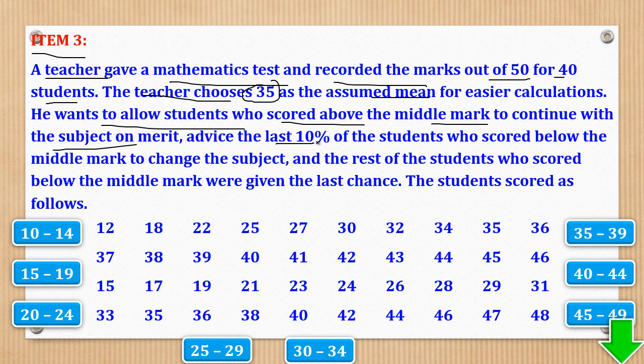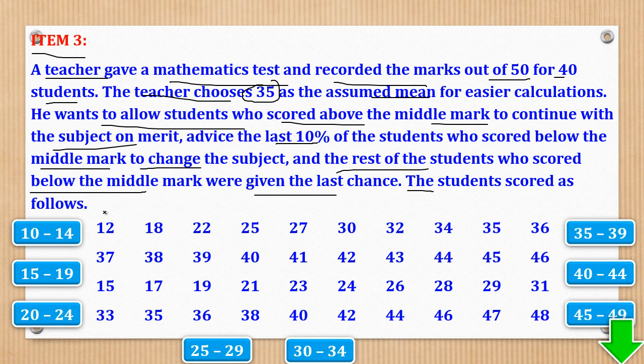Advise the last 10% of the students who scored below the middle mark to change the subject, and the rest of the students who scored below the middle mark were given the last chance.